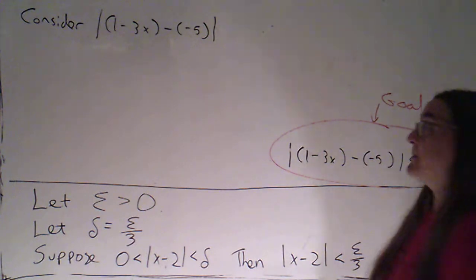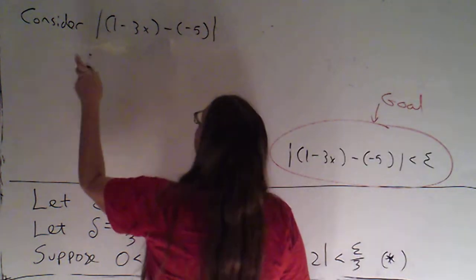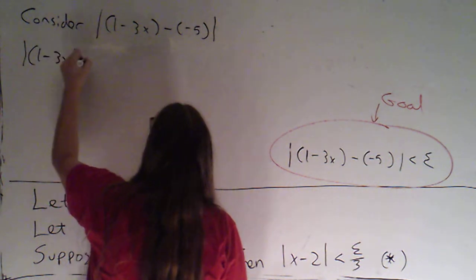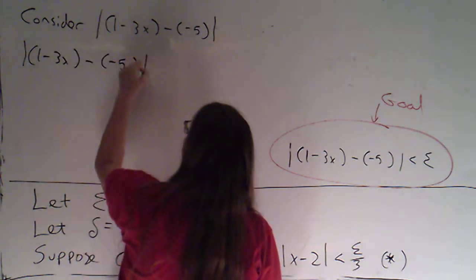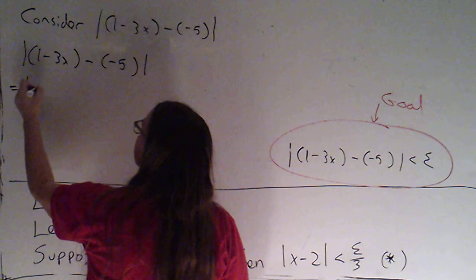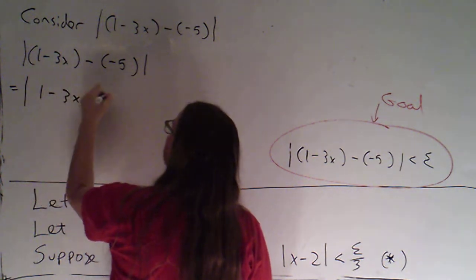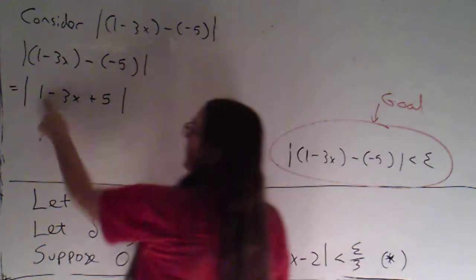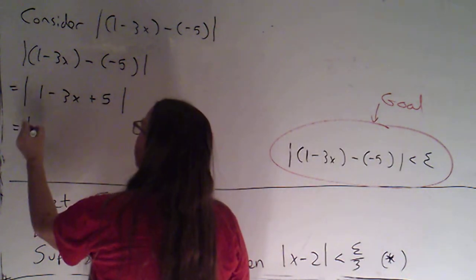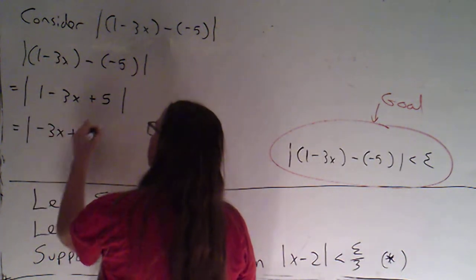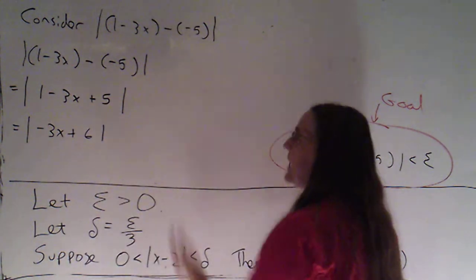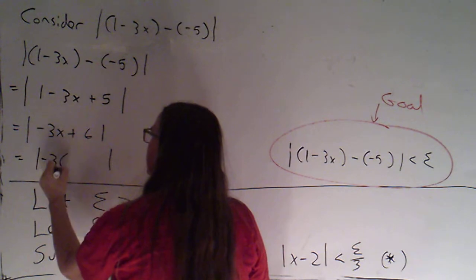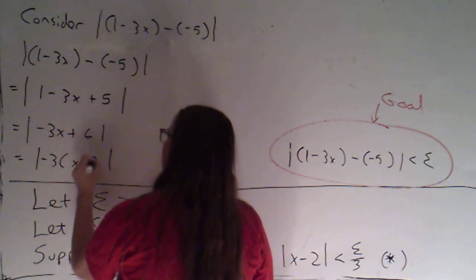But the algebra is going to be very similar because I'm going to say, okay, well, the absolute value of 1 minus 3x minus a negative 5 would be equal to the absolute value of 1 minus 3x plus 5. Just doing the arithmetic, I can combine the 1 and the 5. So that's equal to the absolute value of negative 3x plus 6. That's equal to the absolute value of negative 3 times x minus 2.